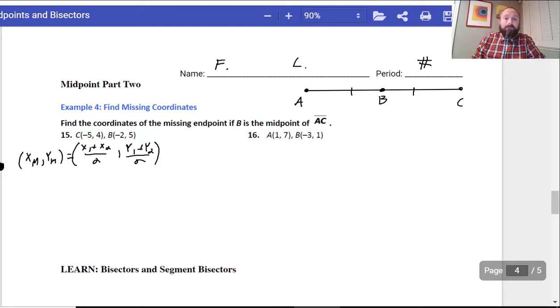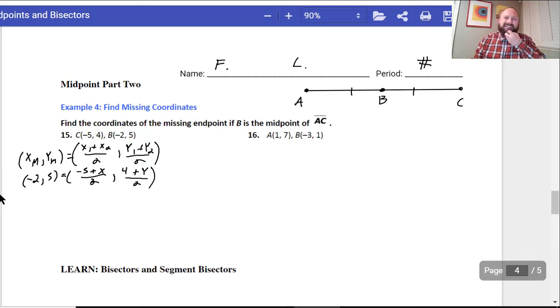I know my midpoint is -2, comma 5. And it doesn't matter which one I choose first, but I'm going to put -5 plus x, that's going to be my A, divided by 2, and I'm going to have my y, which is 4, that's my C, plus y, divided by 2.